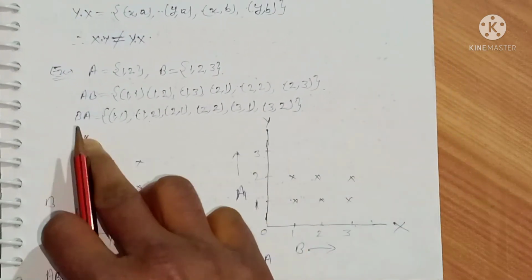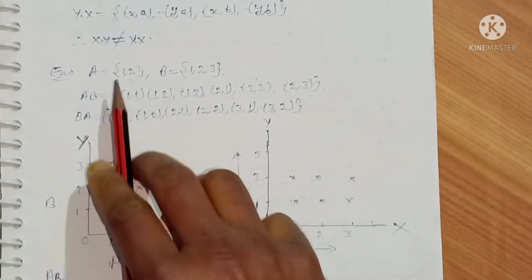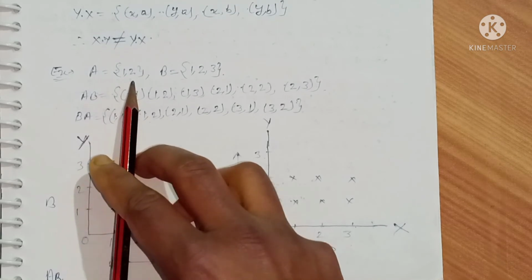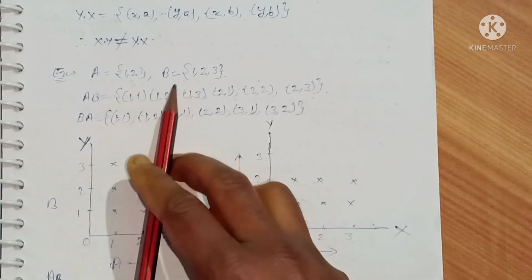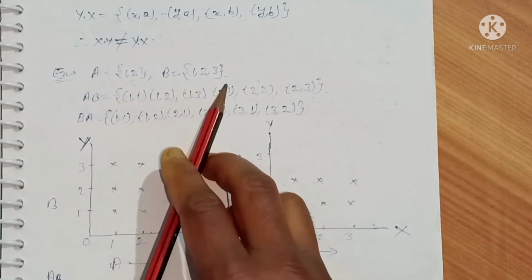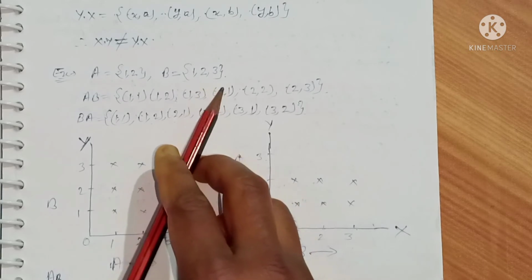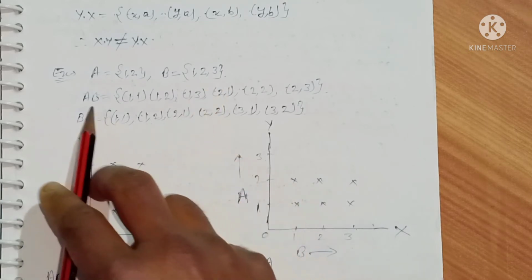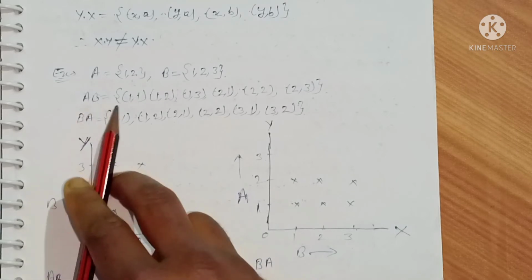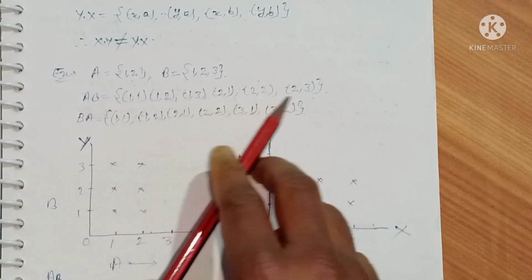Here you can see one example I have taken. Set A contains two elements 1 and 2, and set B contains elements 1, 2, 3. Okay, so if we have to find the Cartesian product, now what do we have to do? Simply A times B. So A times B means the first, now you can see in all these ordered pairs.